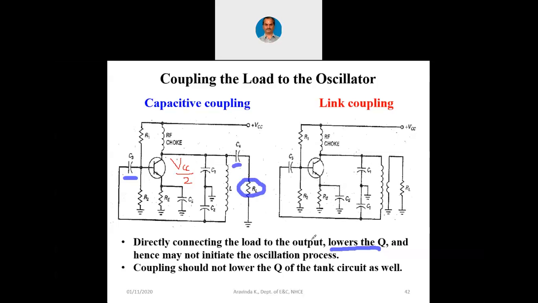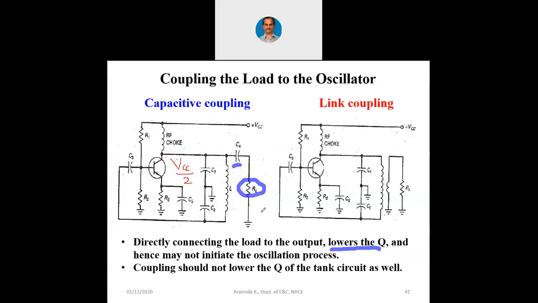If we directly connect the load to the output, that VCC by 2 will be across this RL. Now let me stop this. C3 is highlighted because it is for input coupling or feedback coupling. Now discussing the output coupling. If this C4 is shorted, then the VCC by 2 will be across RL. That is unnecessary wastage of DC current.